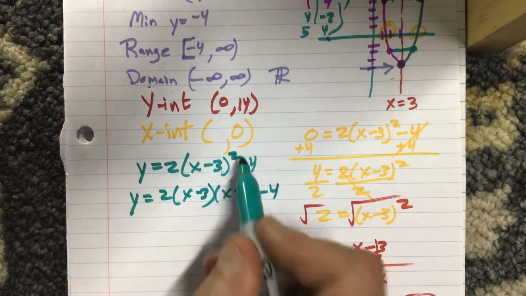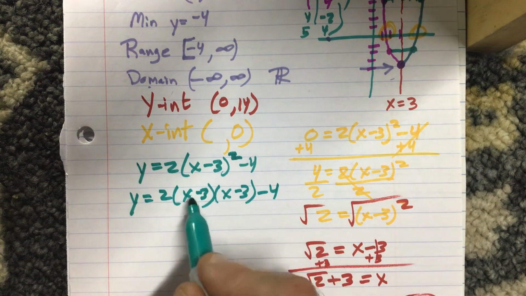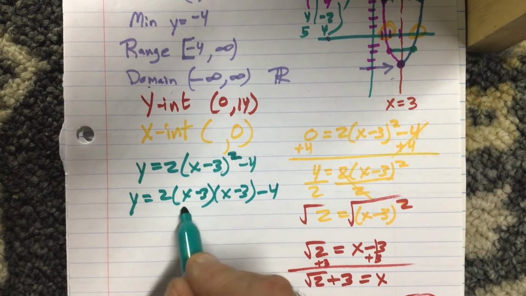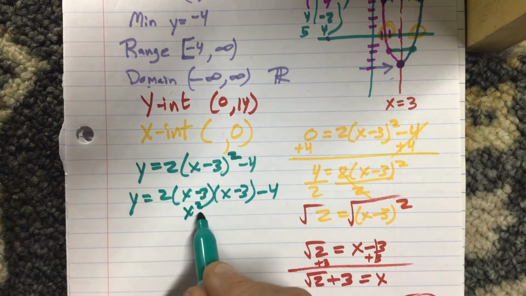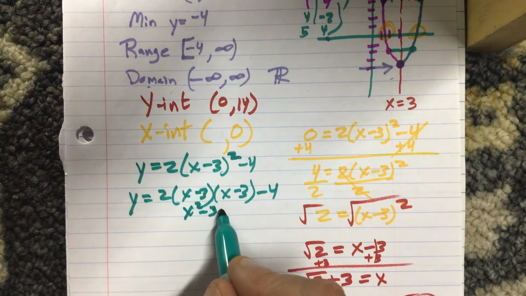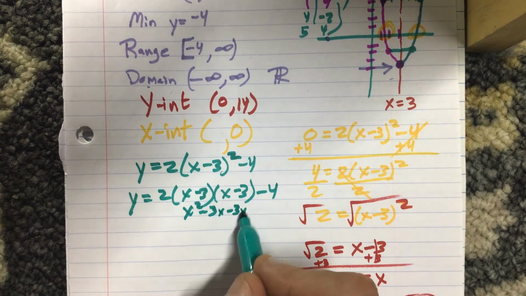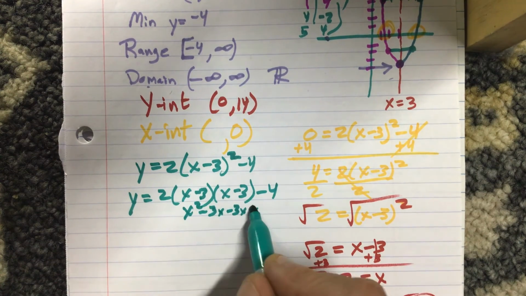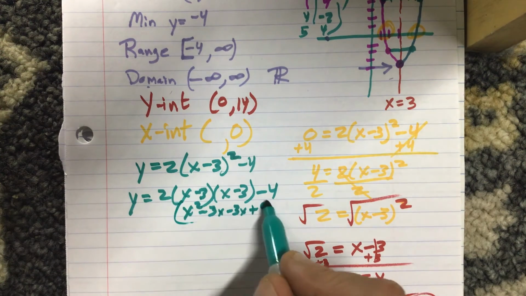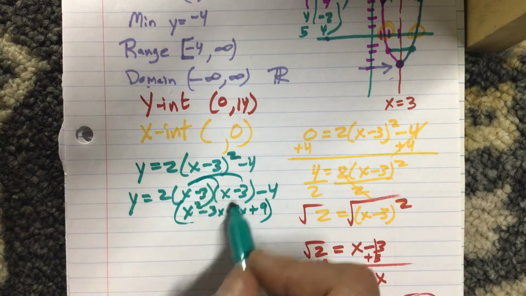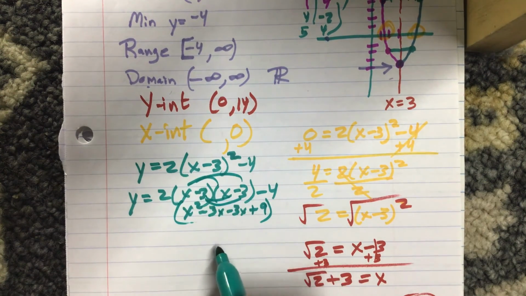And I'm squaring it, so that's why I wrote it twice. And then you would do the FOIL method, x times x, x times negative 3, negative 3 times x, negative 3 times negative 3. So that's the FOIL, 1, 2, 3, 4.